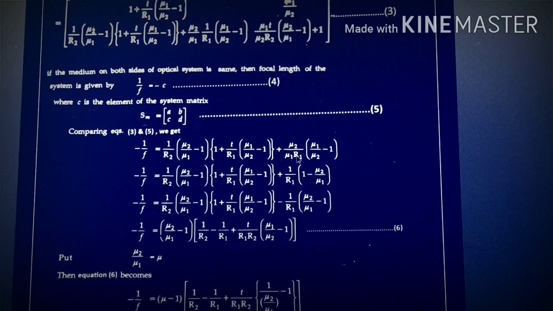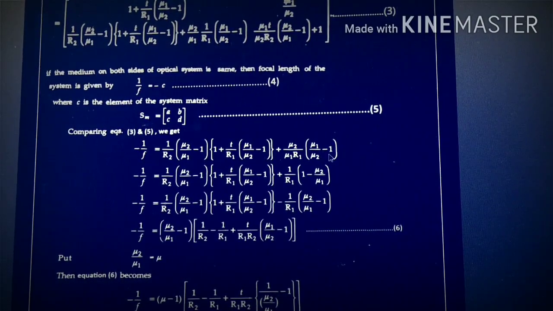But in this case, mu2 by mu1 is multiplied with this term, so we get 1 by r1 into this value, which is 1. So 1 minus this value is mu2 by mu1, so it equals 1 by r2 into mu2 by mu1 minus 1 into the same value.